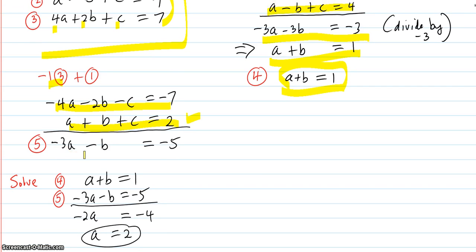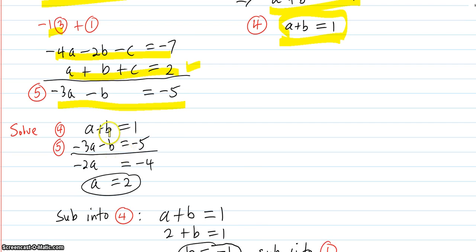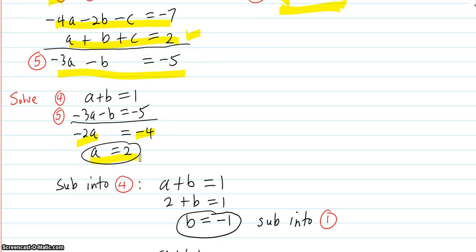And so now you've got your new number 5 equation and your number 4. Now you solve that 2 by 2. That's your whole goal, to get it to be a 2 by 2. These you don't even have to adjust anything. They add straight down and get rid of the b. So that would be negative 2a equals negative 4, a equals 2.